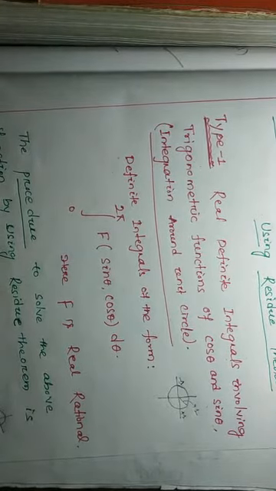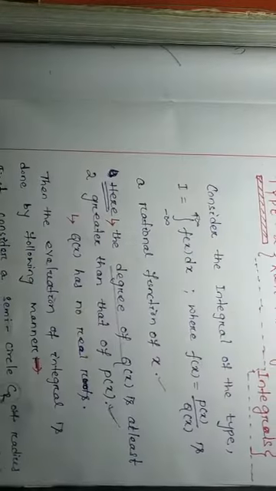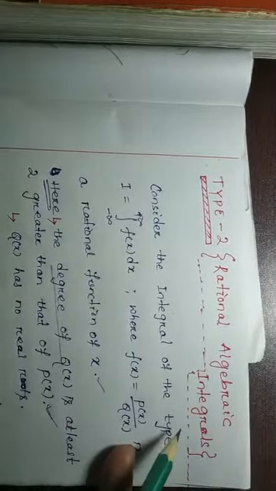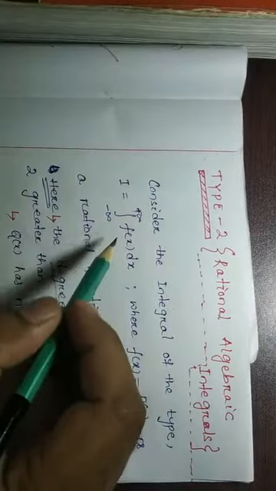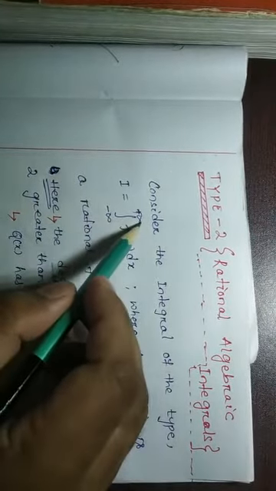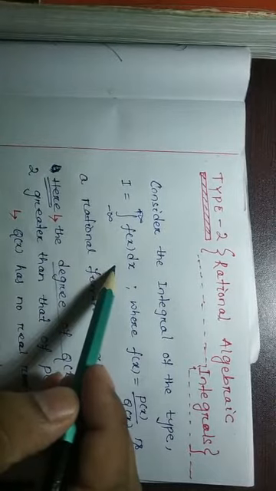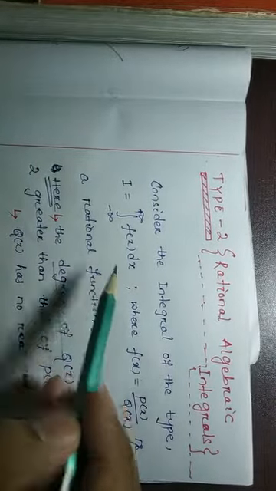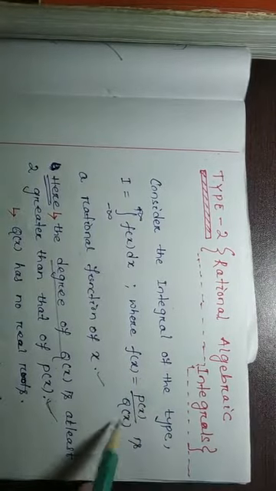Today we are going to discuss type 2, rational algebraic integrals, in which the integral will be like this: the integral from -∞ to +∞ of f(x) dx, where f(x) is in the form of p(x) and q(x).